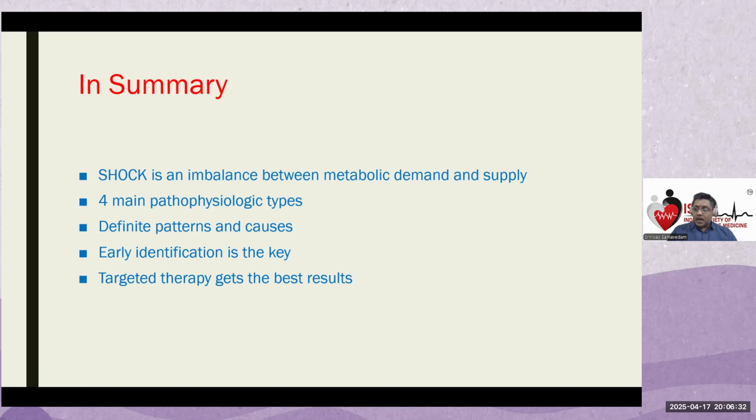Clinical assessment can result in identifying the pathophysiological mechanism in 90% of the cases. Early identification is the key. A judicious use of clinical examination, SVO2, lactate, and arteriovenous carbon dioxide gradient helps you to initiate targeted therapy and get the best results. This is the summary of clinical assessment of patients.